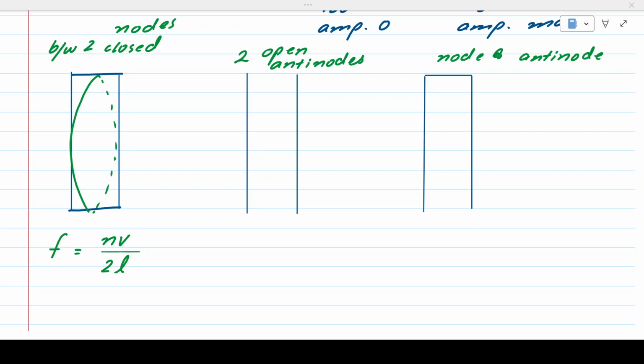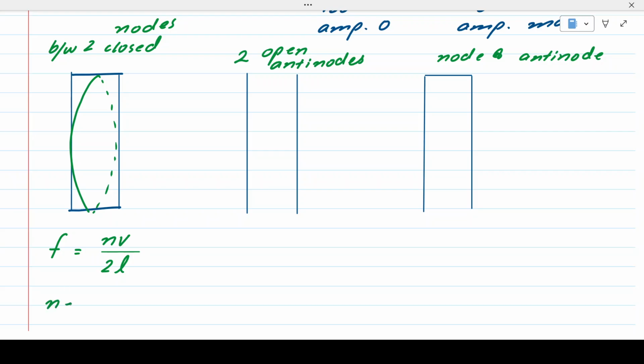L is the distance, or you can say the length of the tube. v is the speed of the sound or speed of the wave. Sorry, in this case, the speed of the transverse wave.